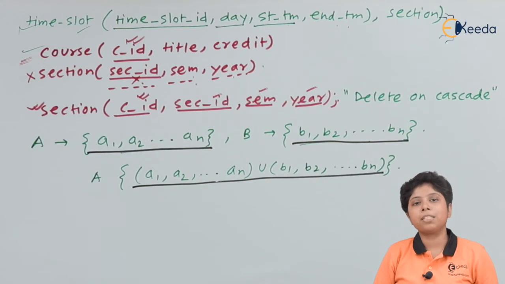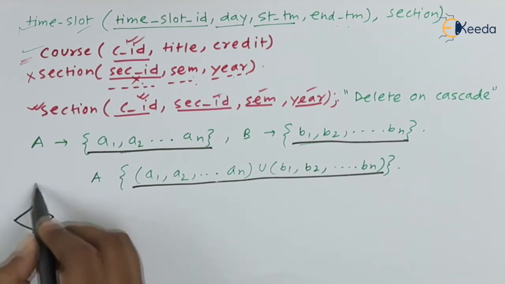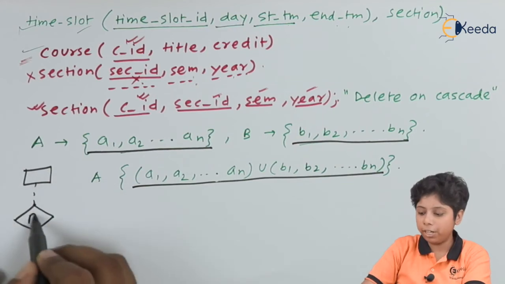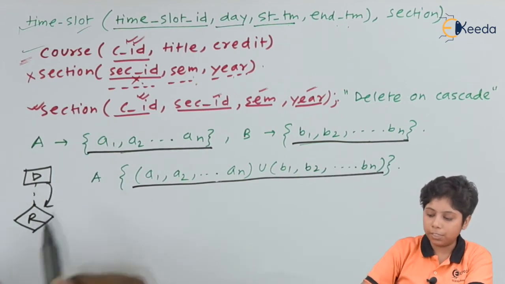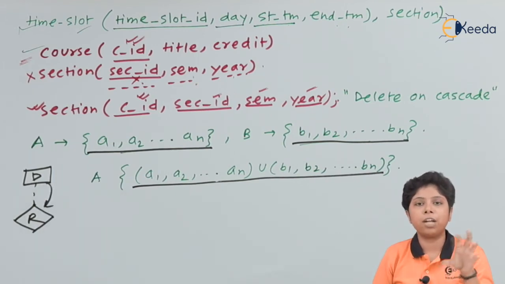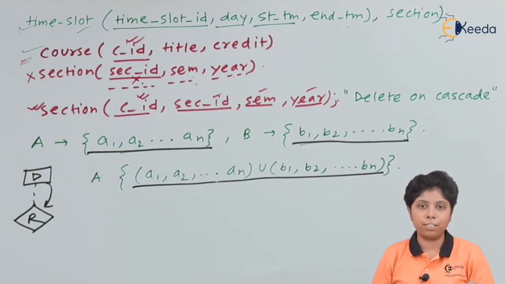Now, what do you mean by descriptive attribute? If some attribute is added to the relationship set in an ER model, just like this, this is the relation and this is the descriptive attribute. If, say, the instructor and the student have the advisor relation, now I want to add a descriptive attribute on the relation student advisor.